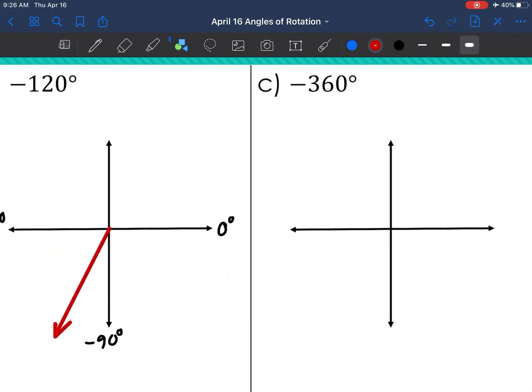Negative 360 degrees, well, 360 is a full rotation, right? So if we're starting here on 0 and then doing a full rotation, 0 is the same thing as negative 360.